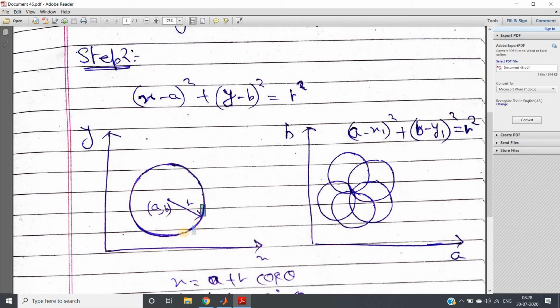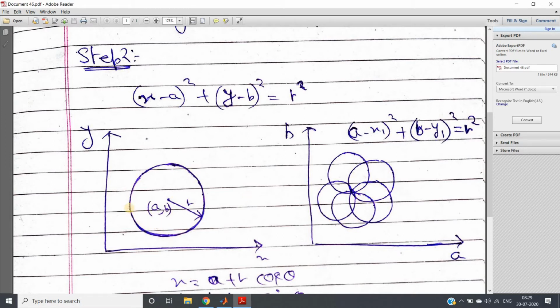Each point, like previously we took each point on the edge detected output and applied our equation. For y equals mx plus c, m and c were variables; we used y1 equals m x1 plus c, where y1 and x1 are constants and m and c are variables. Like that we transformed from xy coordinates to MC parameter space.